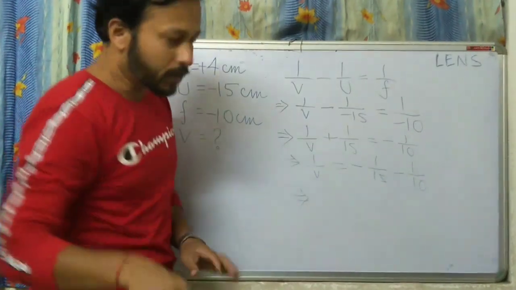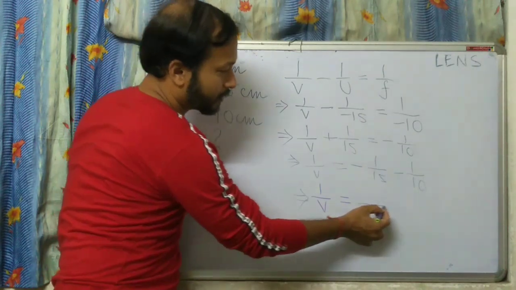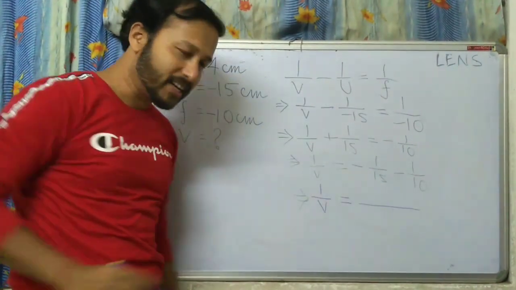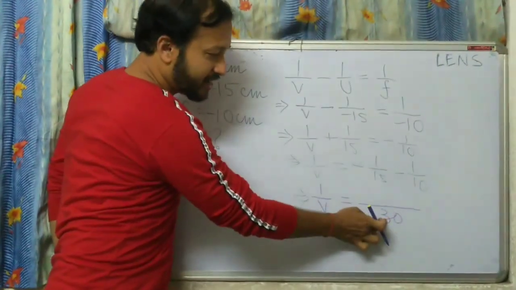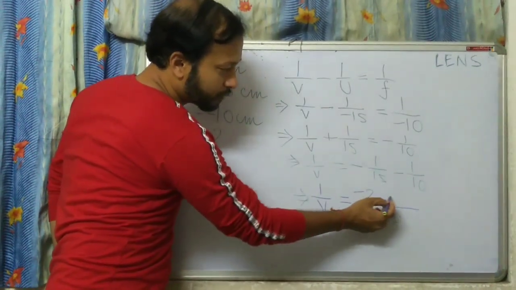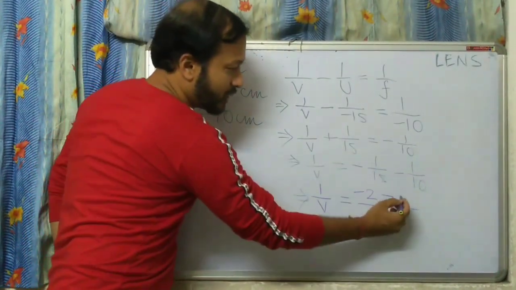Now, 1 by V. What is the LCM of 15 and 10? 30. By 15 divide 30, 2. 2 ones are 2. By 10 divide 30, 3. 3 ones are 3.